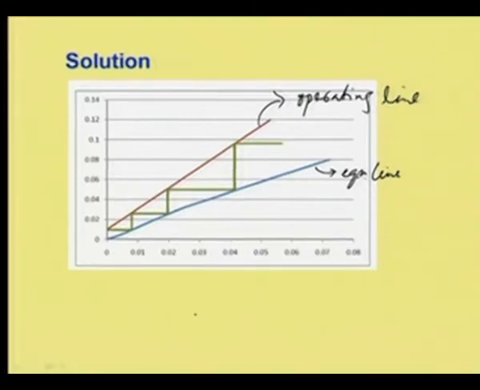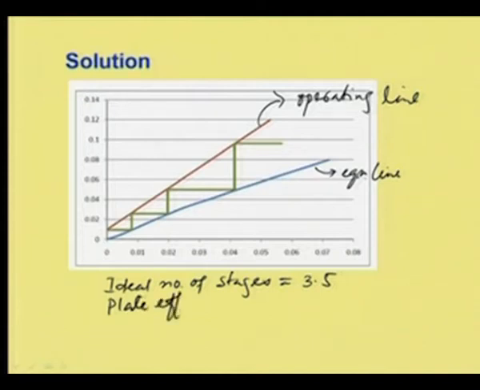And if we draw steps between the equilibrium and operating line, the ideal number of stages would be approximately equal to 3.5, and the plate efficiency is given, which is equal to 70%.